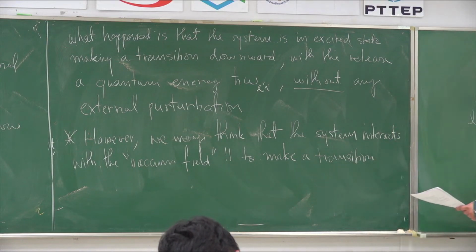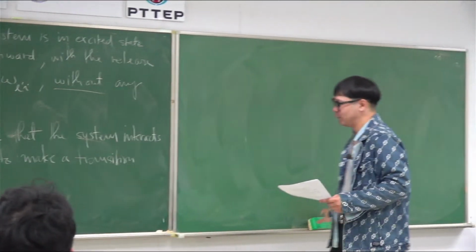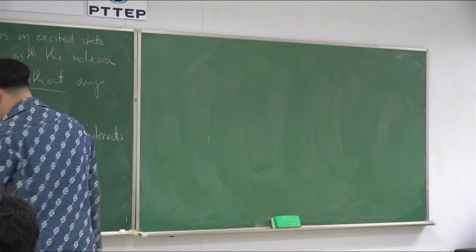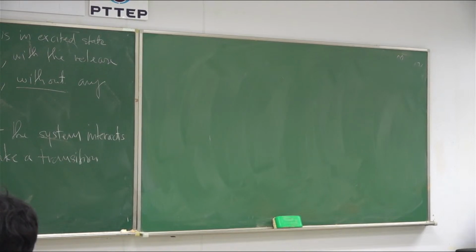You know what a vacuum field is, right? Well, actually there is no field indeed, but you can think of something invisible that makes this transition happen. You can think of this like an external field, but it is already there.